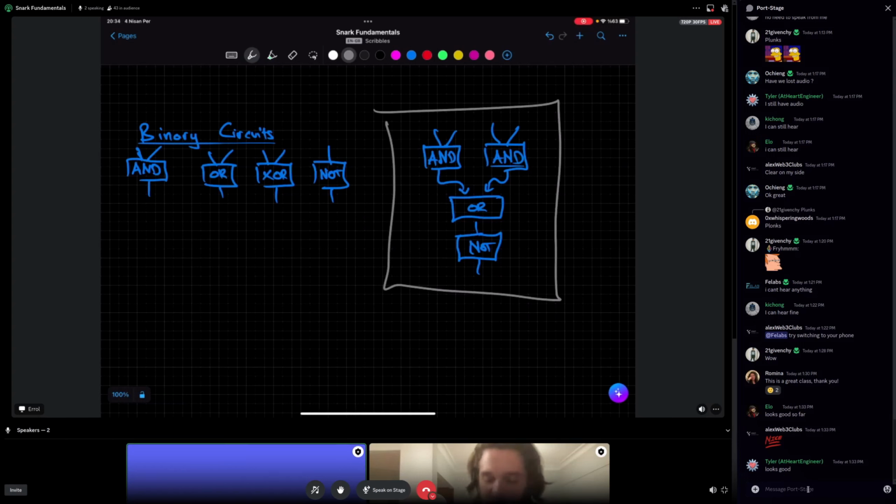Right now, none of the values are decided. But maybe in our circuit, some of them can be pre-decided: 0, 1. We don't need to decide any of these intermediate wires, because once we put in the other values at the top, they're going to be decided for us: 1, 0, 1, 0. But a binary circuit is just any collection of binary gates put together and connected by wires in a particular way.